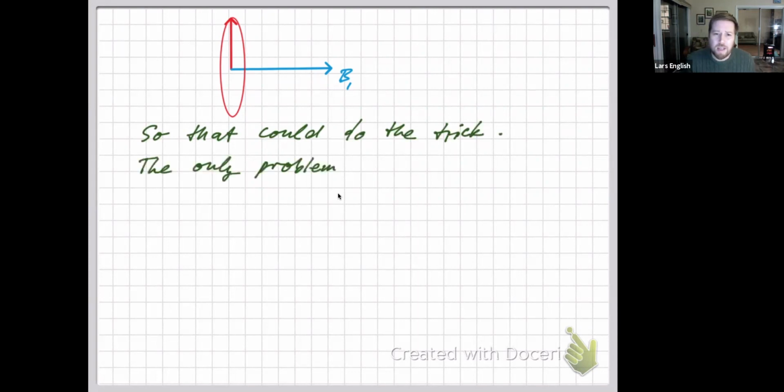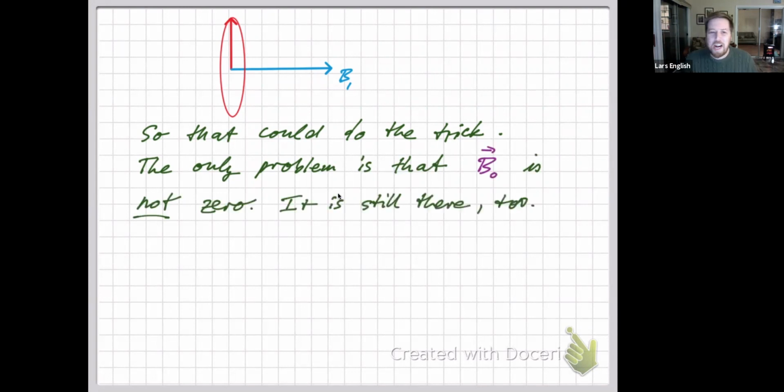But the problem is, and there's always a problem here, there's always a complication, right? It can never be just that straightforward, unfortunately. The problem here is that we still have the B naught. That was the original B field that aligned the mu in the first place, right? And that's usually the strong magnetic field, and that is not zero by any stretch of the imagination.